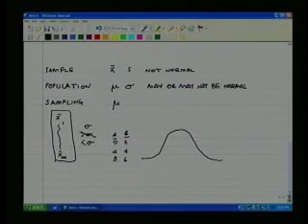So what we know about the standard deviation or the variance of the sampling distribution is that it is less than sigma. That is, there is less variance in the sampling distribution than in the population distribution.